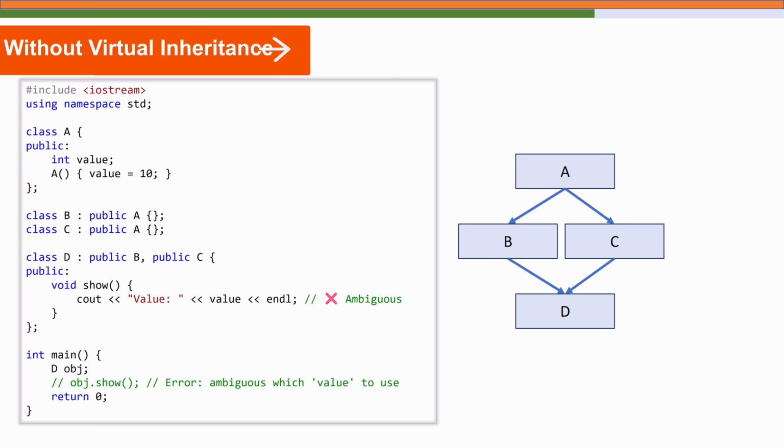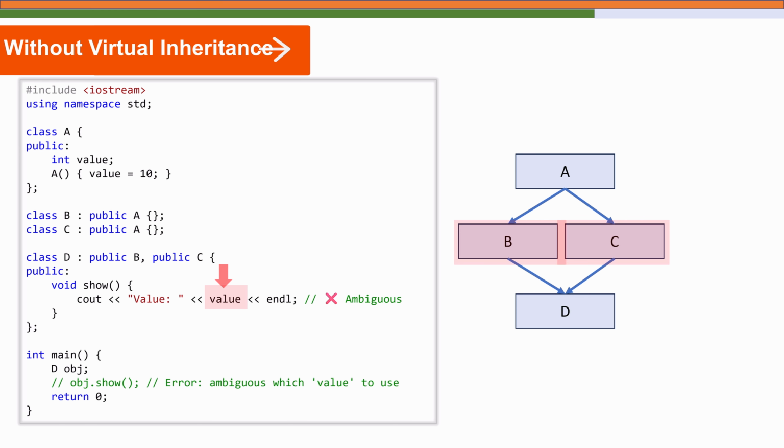So the chaos begins. Let's visualize this inheritance structure. This creates a diamond. So this is called the diamond problem. Let's see why. Because D gets two copies of A, one through class B and one through class C. In class D you have a show function that basically prints a value. When you create an object of D and then write obj.show, the compiler gets confused.